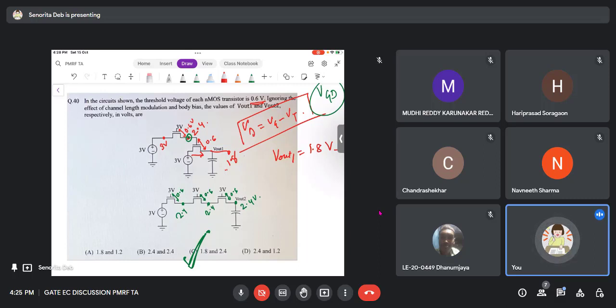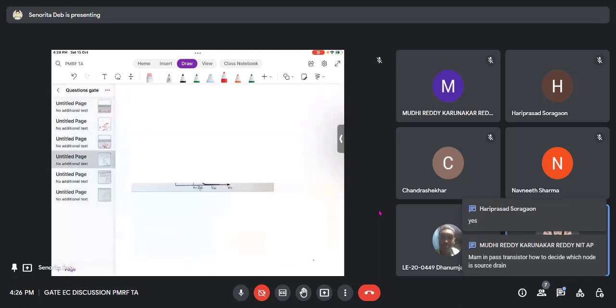This question was also a very simple kind of a question. So this is fine with everyone. I think when we were doing the MOSFETs, we had discussed the concepts in a way that this should be clear. Okay, so now coming to the next question.